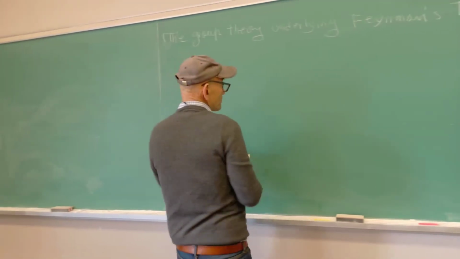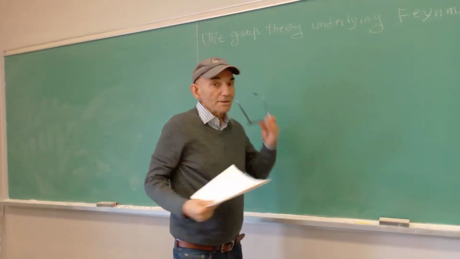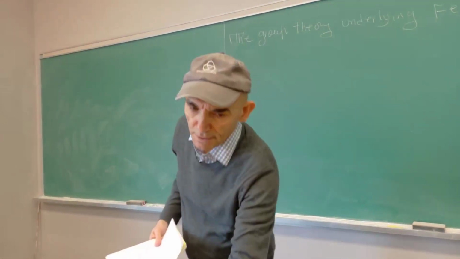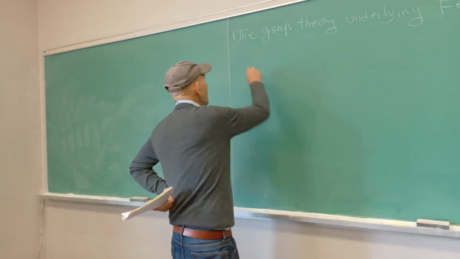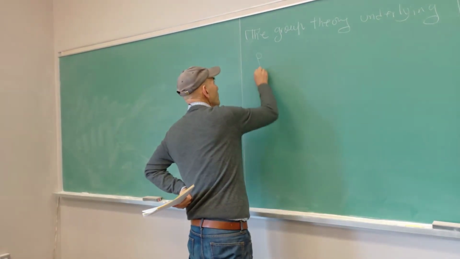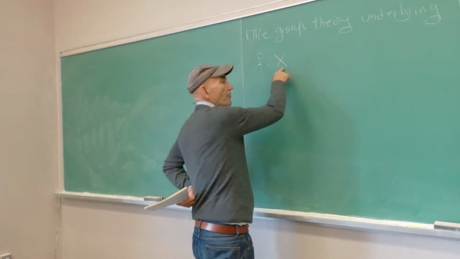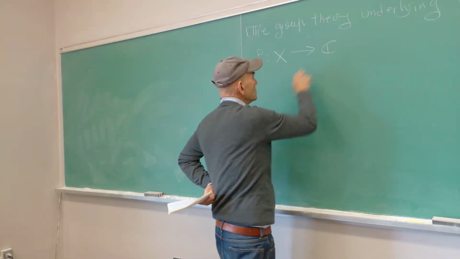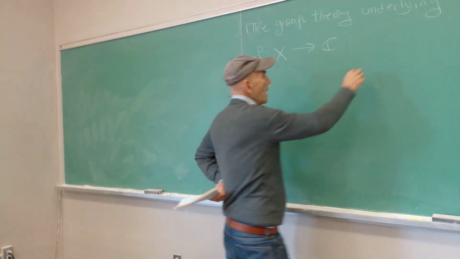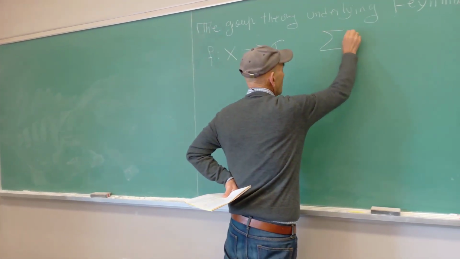Okay, so this can be abstracted, and it's actually nice to think about it in these terms. What do I mean by this? Imagine you have a function f from a finite set X to C, a complex valued function, and you want to compute this sum.